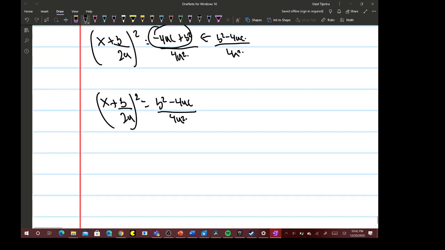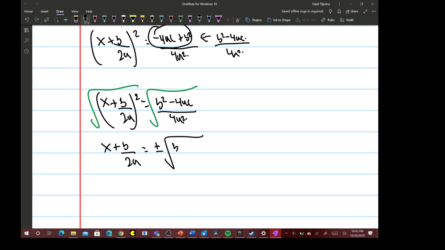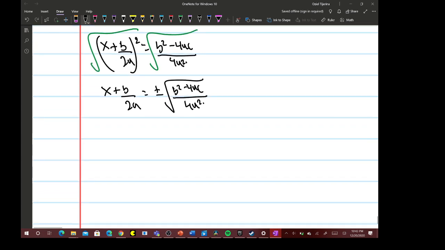The next thing that you have to do is take the square root of both sides, and then you say x plus b over 2a equals plus or minus. Remember to always take the plus or minus square root. Plus or minus the square root of b squared minus 4ac over 4a squared.